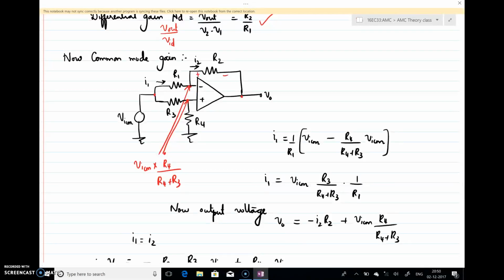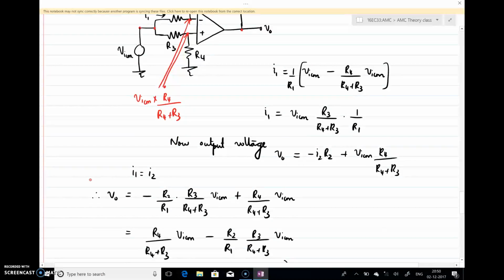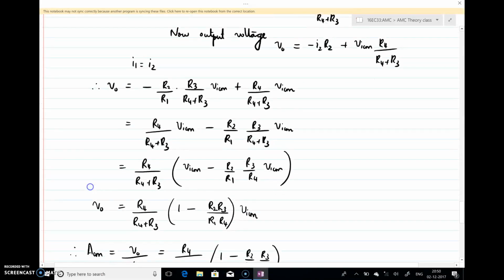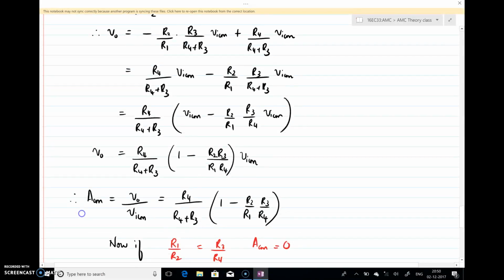That current is equal to VICM minus VICM into R4 by R3 plus R4, divided by R1. You can substitute the same current I1 as I2 here and obtain the final output voltage expression. This is nothing but your common mode gain.